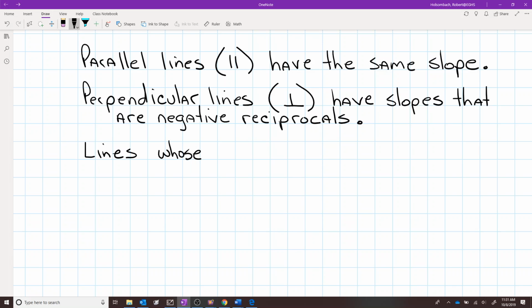Whose slope is neither the same, no, just erase that. Yeah, that's not going good. I can erase easier than you can, though.